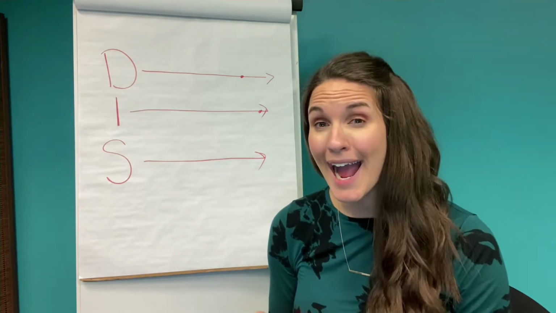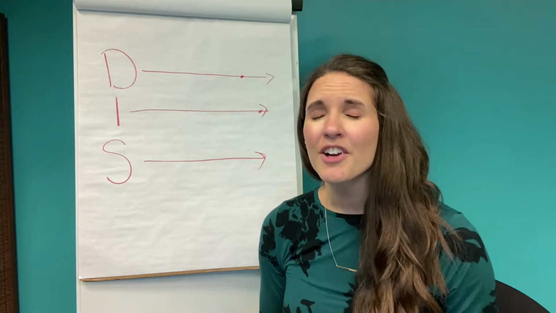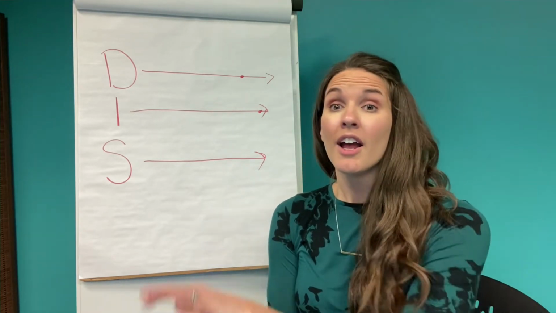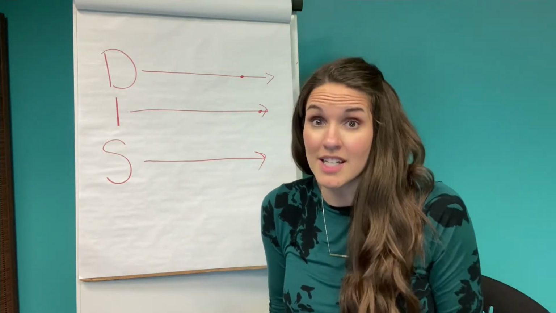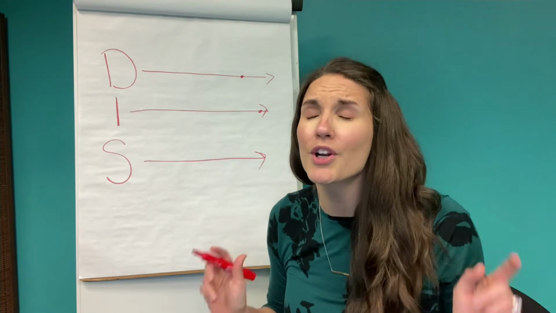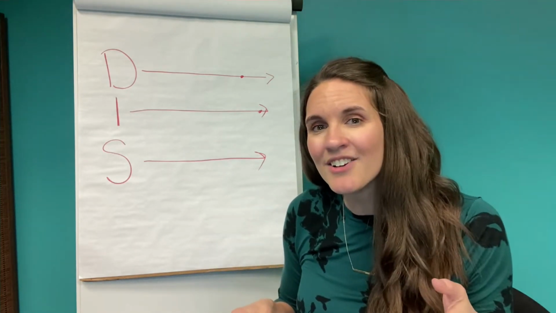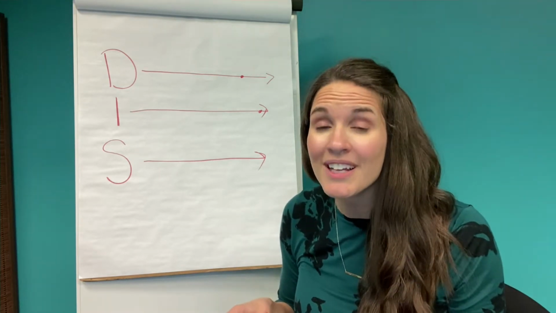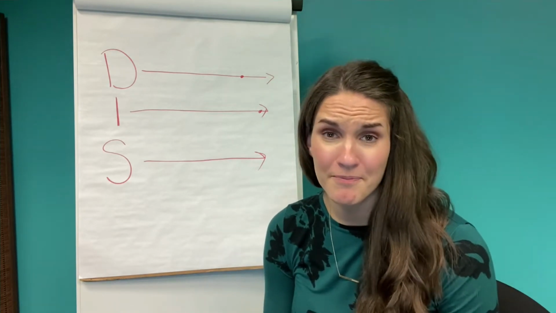People who are really high on that steadiness leadership style, they are incredible team players. As a leader, you want a lot of S's on your team, that steady style, because they work so well together. People with that style tend to be people. They're dependable, they're gonna get things done, and they're gonna be friendly when they do it.